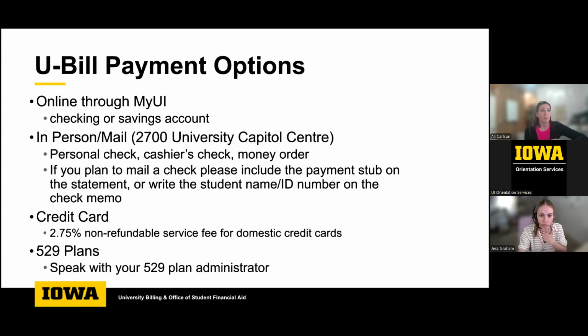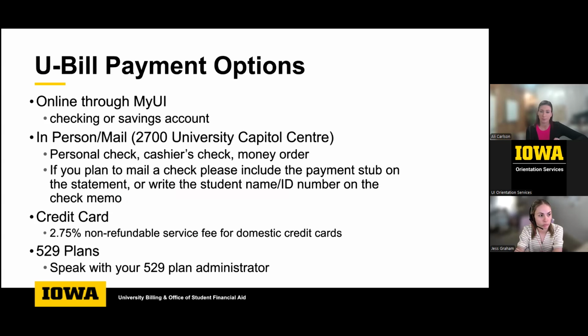And then speaking of payment options, there are several ways to pay the U-bill. The first is online through MyUI using a checking or savings account. This can be done through the student's MyUI or the guest account. If you prefer to mail us a payment or come into our office, we are located in the University Capital Center on the second floor above CVS Pharmacy.